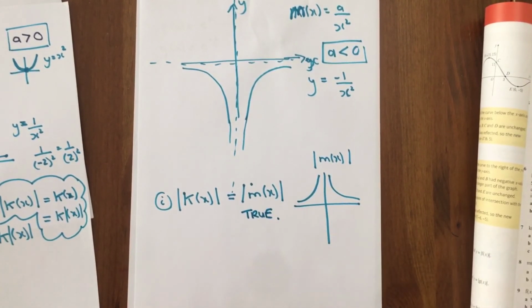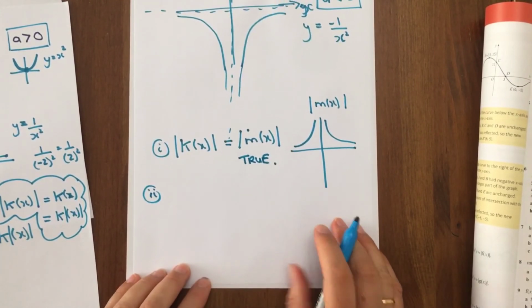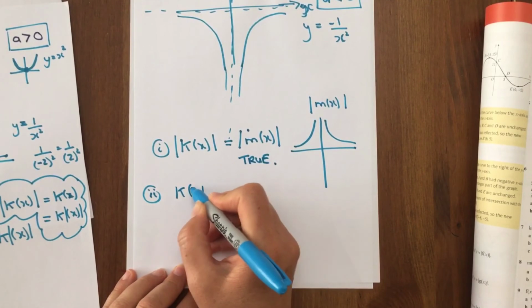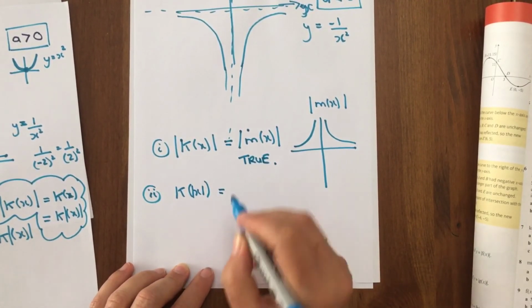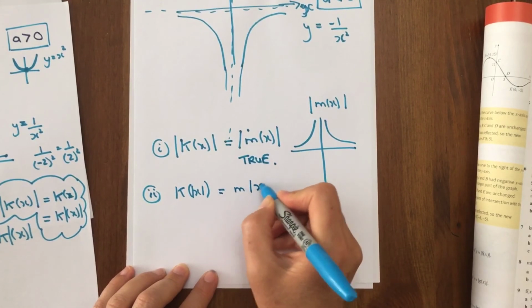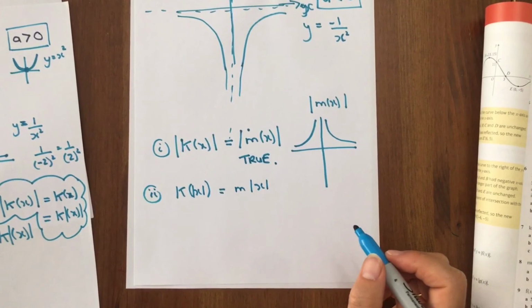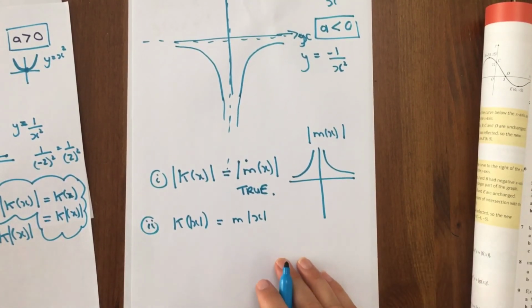Okay, part 2. Is this true or false? k of the modulus of x equals m of the modulus of x. Okay, well, let's think about what the modulus of x looks like.